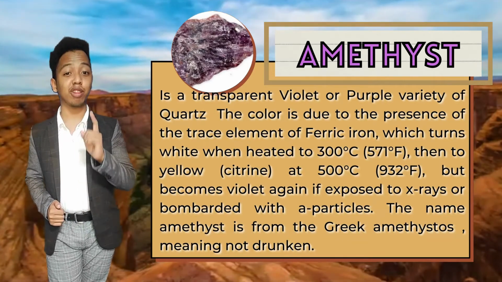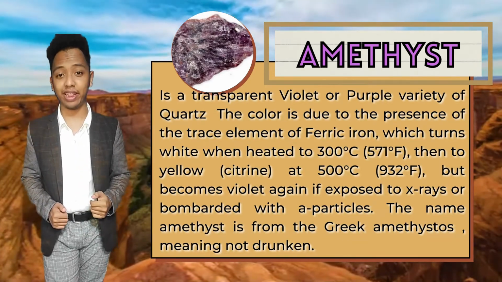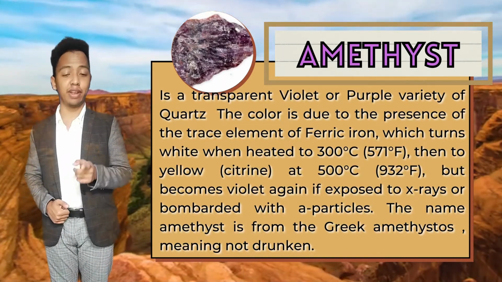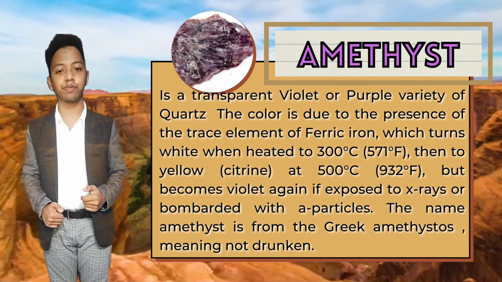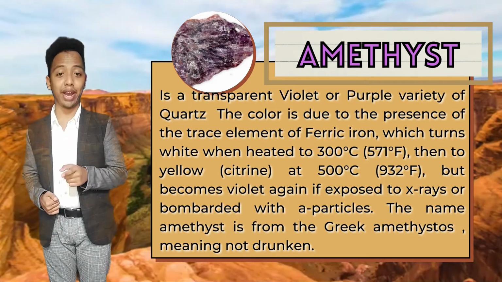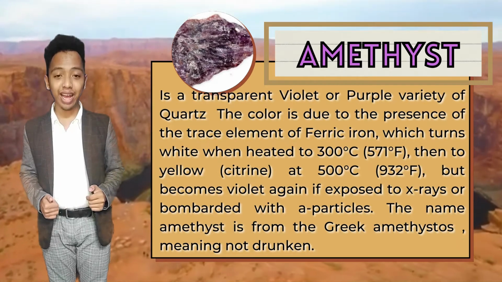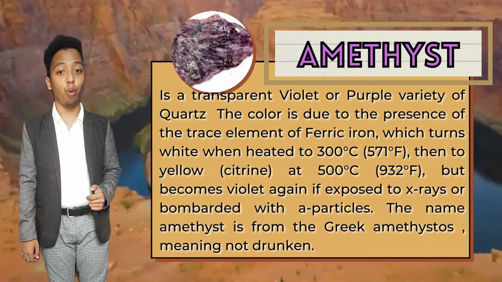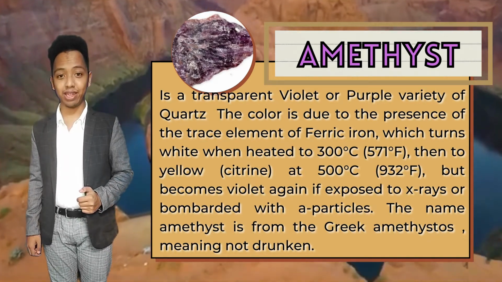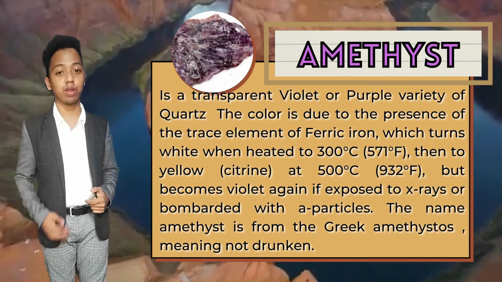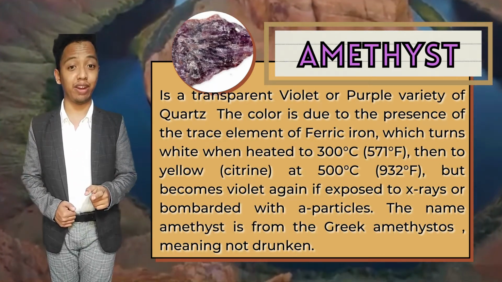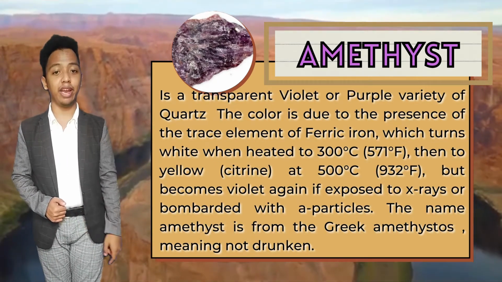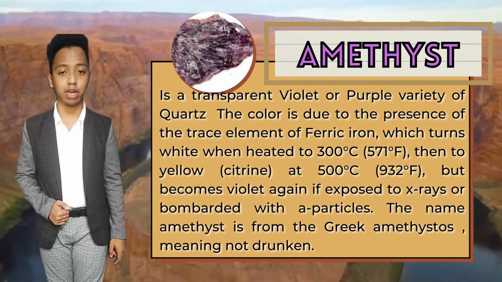Amethyst is a transparent violet or purple variety of quartz. The color is due to the presence of trace elements of ferric iron, which turns white when heated to 300 degrees Celsius, 571 degrees Fahrenheit, and yellow or citrine at 500 degrees Celsius and 932 degrees Fahrenheit, but becomes violet again if exposed to X-ray or bombarded with a particle.